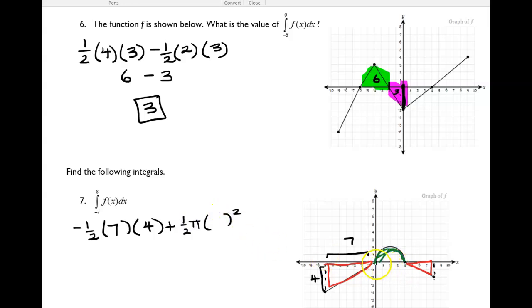But keep in mind that our radius here is not 4, that's the diameter. So I have to look at 1/2 of the diameter there to get my radius. My radius is 2. And then I'm also going to subtract the area of this last triangle.